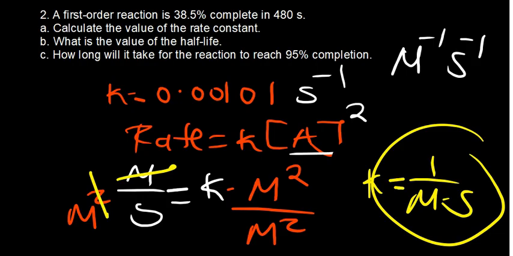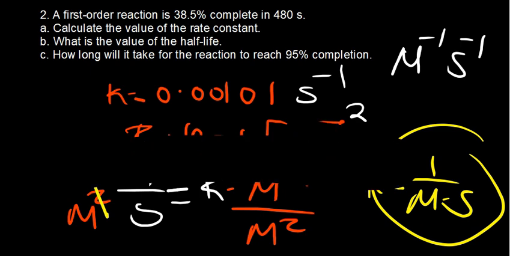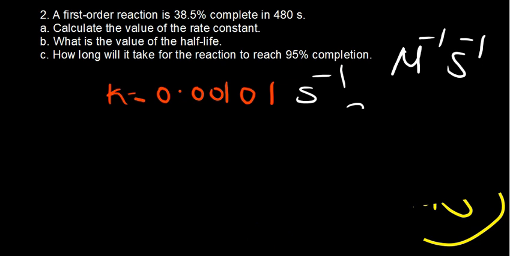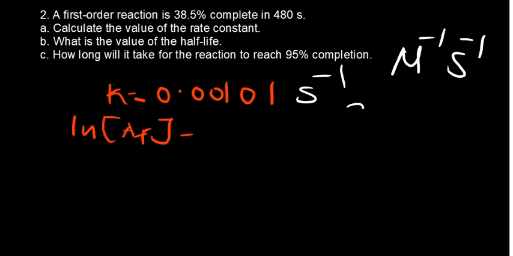Now, let's determine the value of the half-life. So we need to understand the formula for the half-life, which is basically determined from the integrated rate law. To show you how it comes about, if you look at the first order integrated rate law, it's the natural log of the final concentration equal to minus kt plus the natural log of the initial concentration.